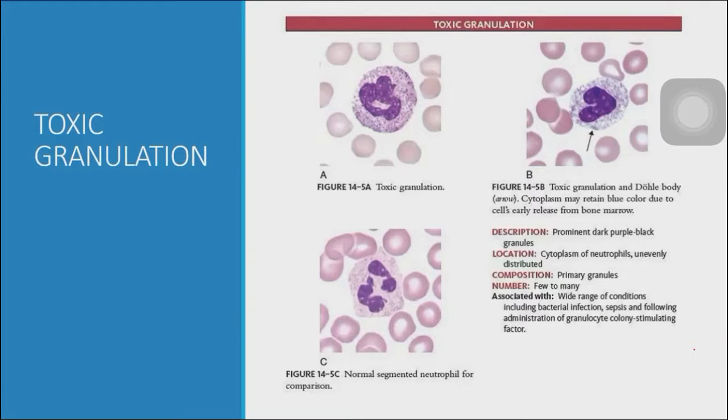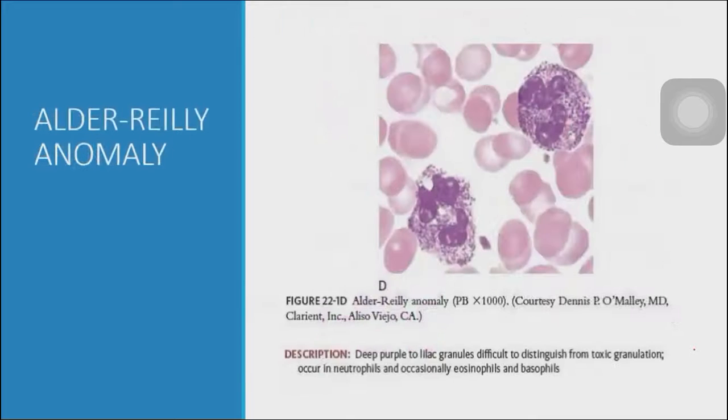Toxic granulation may be commonly misidentified as Alder-Reilly anomaly, because they have the same appearance. They may also show the same deep purple-black granules. But in Alder-Reilly anomaly, instead of being associated with severe bacterial infections or sepsis, it is associated with mucopolysaccharidosis, an abnormality in storage diseases.